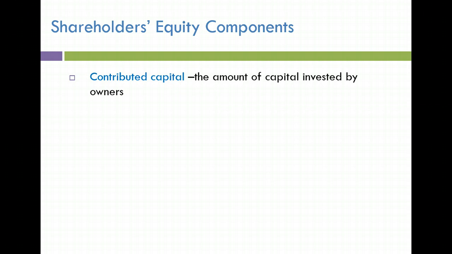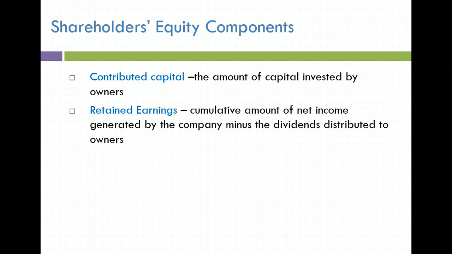So what are the components of shareholders' equity? We basically have the capital that was invested by the owners, usually in the form of common stock. Then we have what we call retained earnings. Now, retained earnings is a portion of the stockholders' equity account.